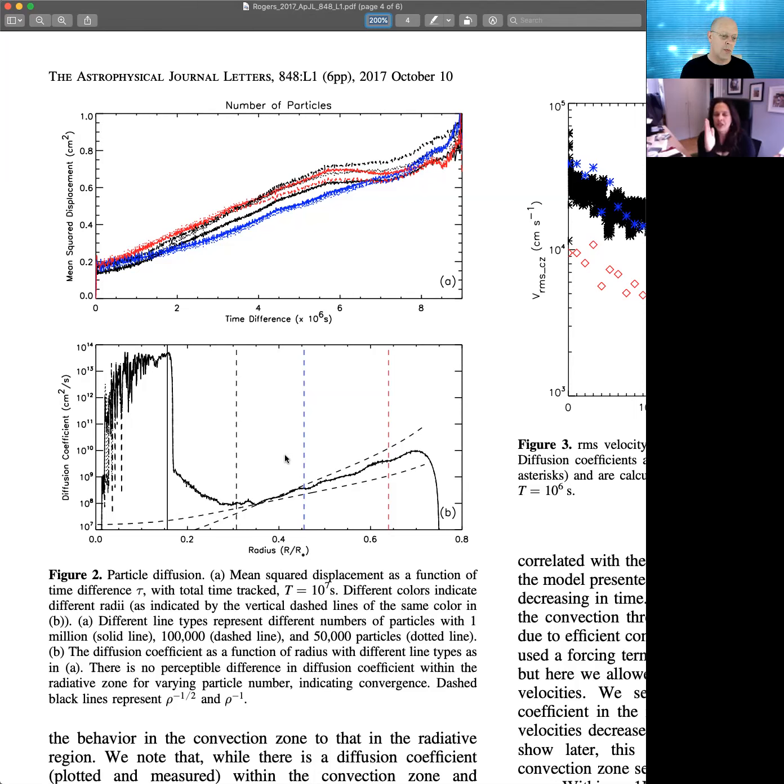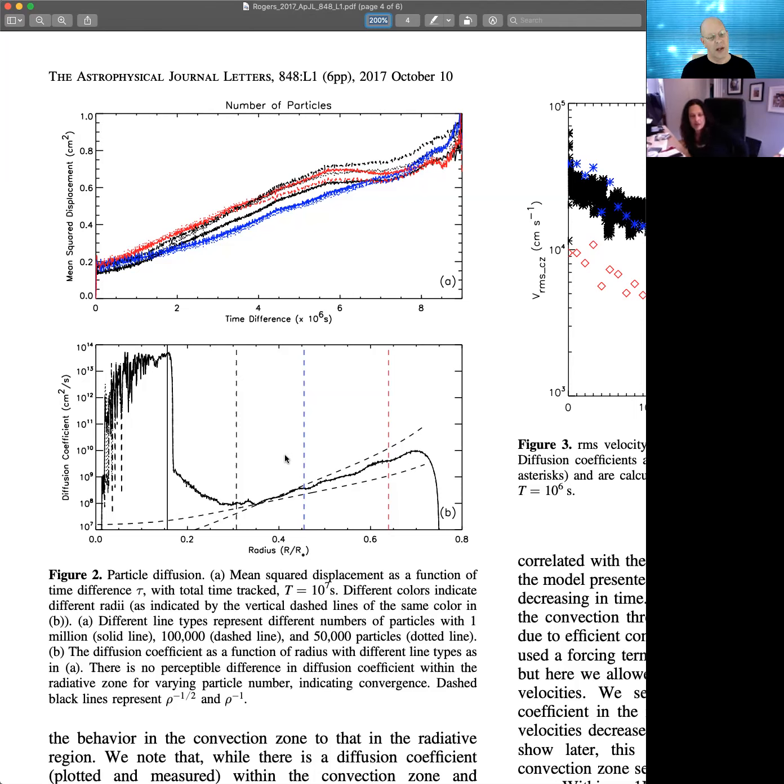So if we forget everything in the convection zone, that's all not diffusive anyway, we have this profile as a function of radius. Now at the top, you can't trust what happens at the very top, so you should only look up to about 0.7-ish.